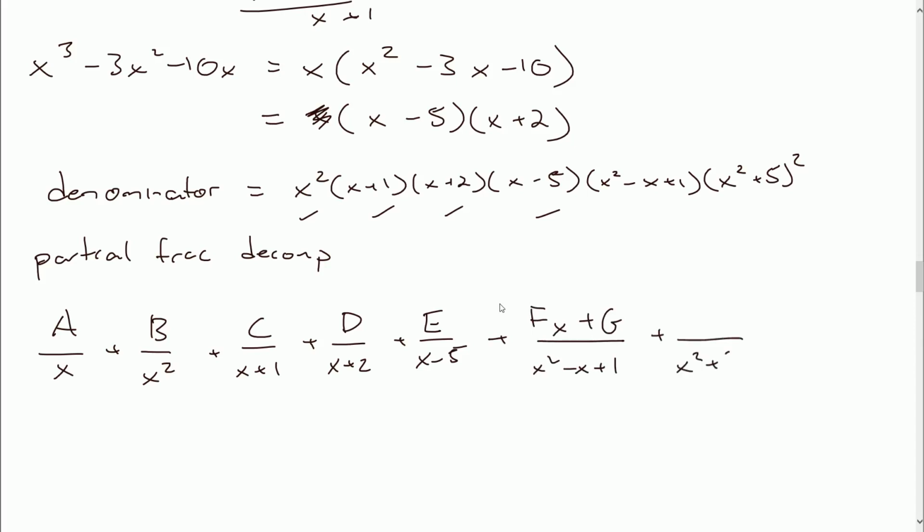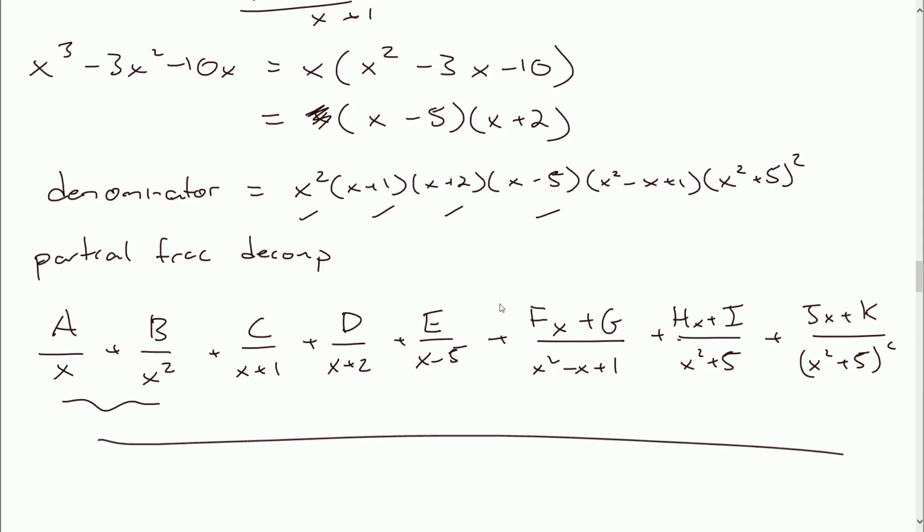And now for this irreducible quadratic that is squared, we're going to get 2 terms. Just like we got 2 terms for the x squared, the linear term squared, well, you also get 2 terms for quadratic terms that are squared. And we still put generic linear terms on top.